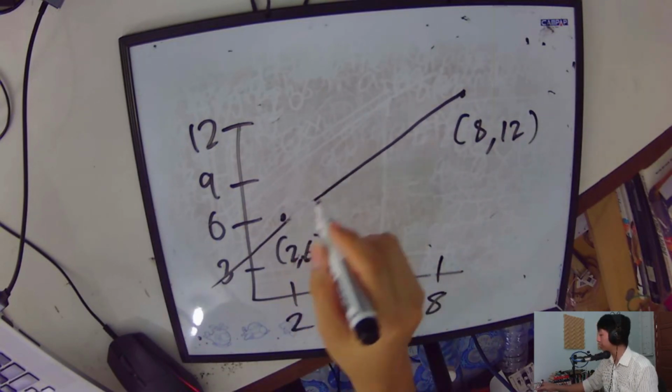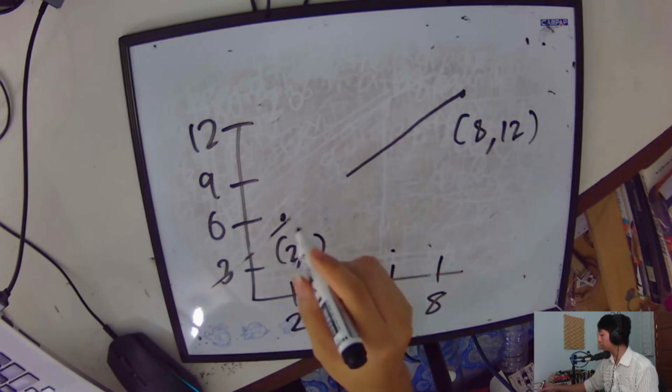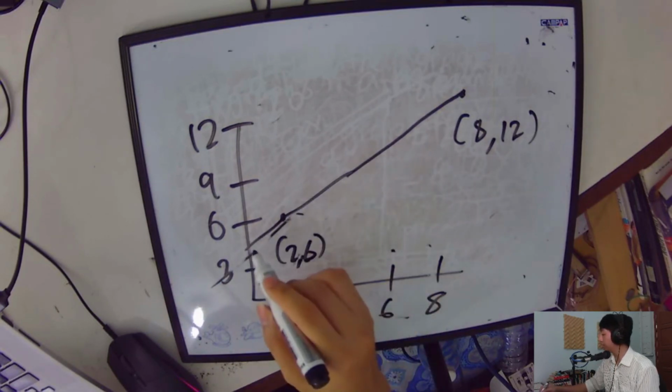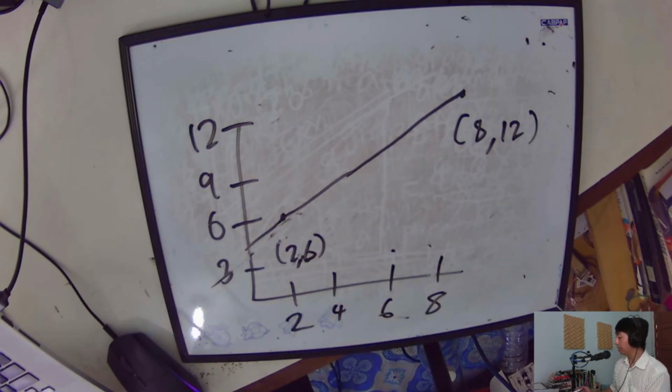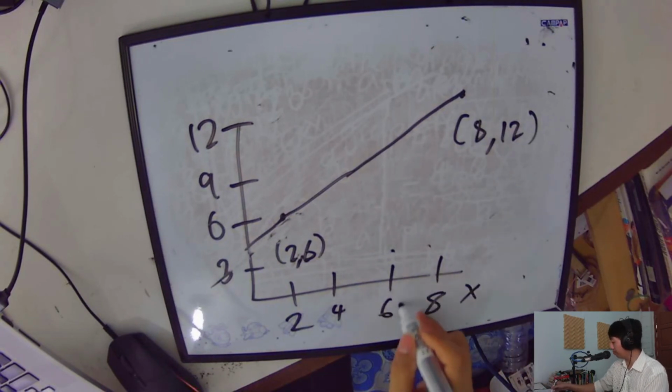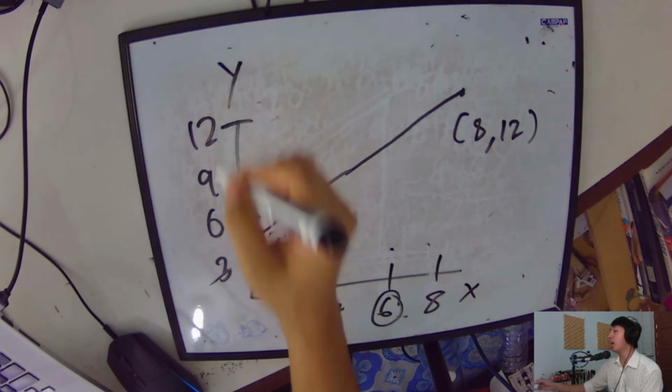Alright. So kamu buat satu garis lurus lah. Sorry, garis saya tidak berapa lurus pula. So sekarang, cara kita lakukan interpolation ialah kalau X ialah 6, berapa nilai Y?